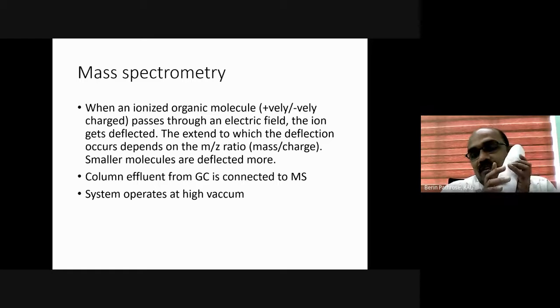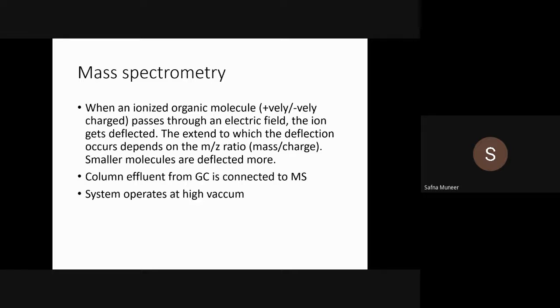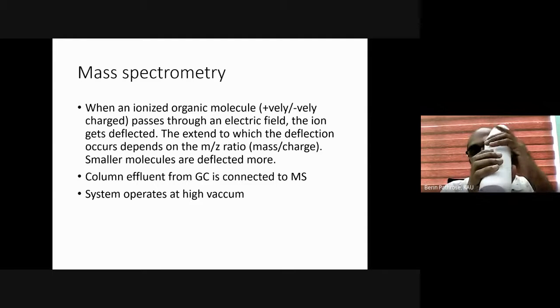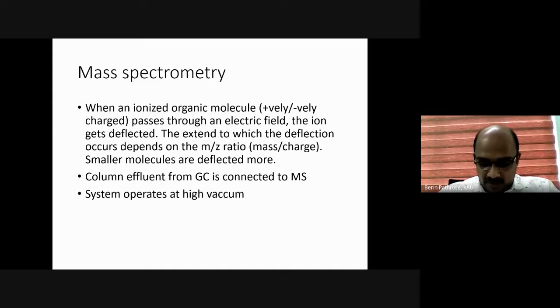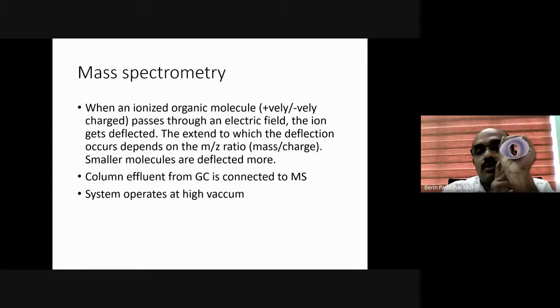Say this is a tube, and I am giving this tube a positive charge.